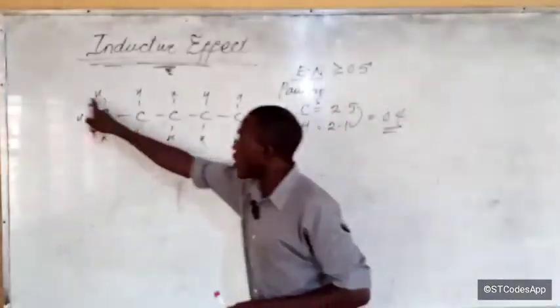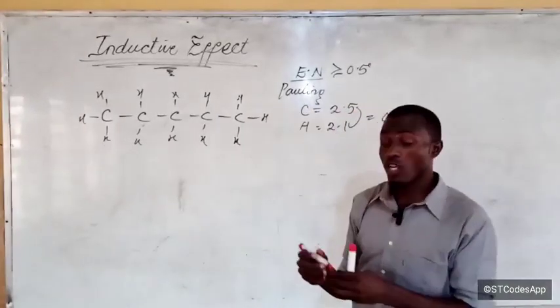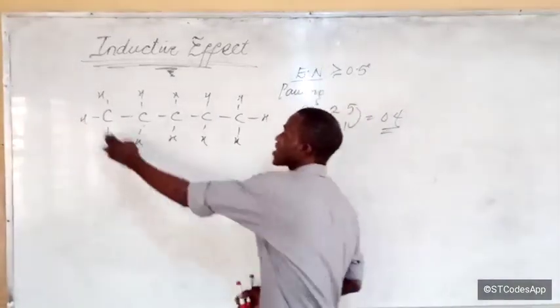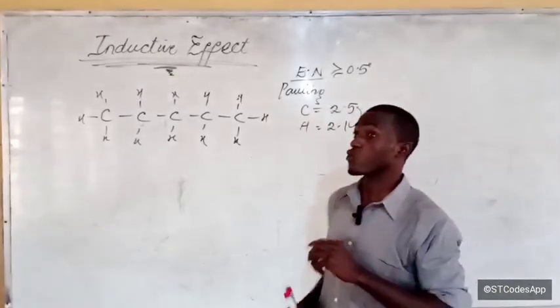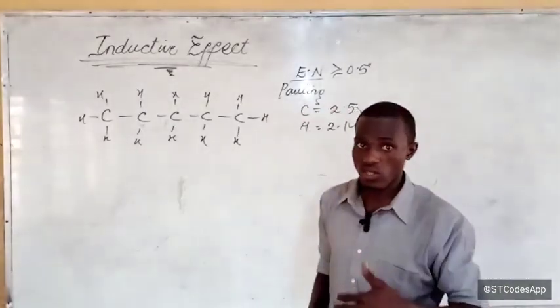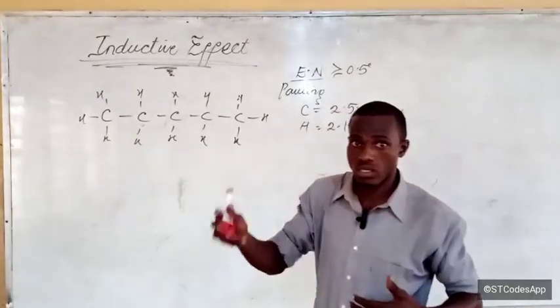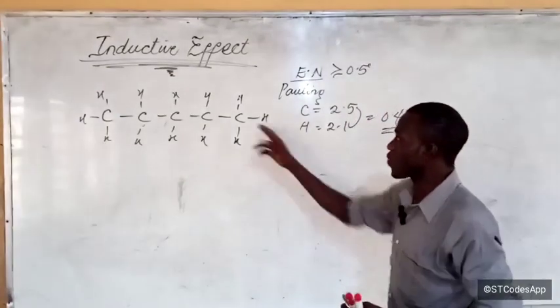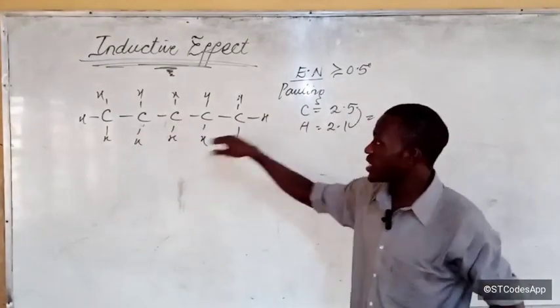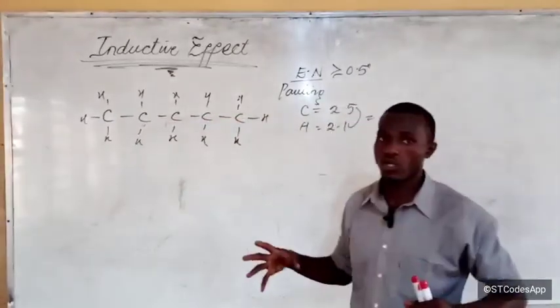Hence, there is equal sharing, equal distribution of electrons among the bonding atoms. No atom is enjoying the electrons more than its counterparts. Is that okay? And of course, even carbon to carbon, this bond is also non-polarized.